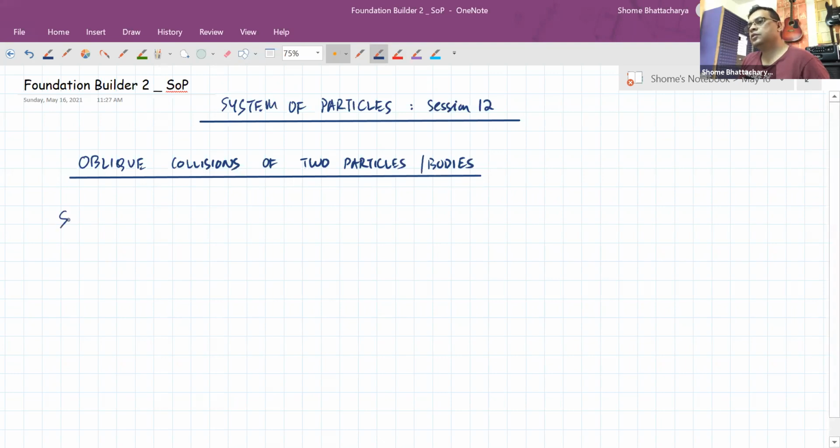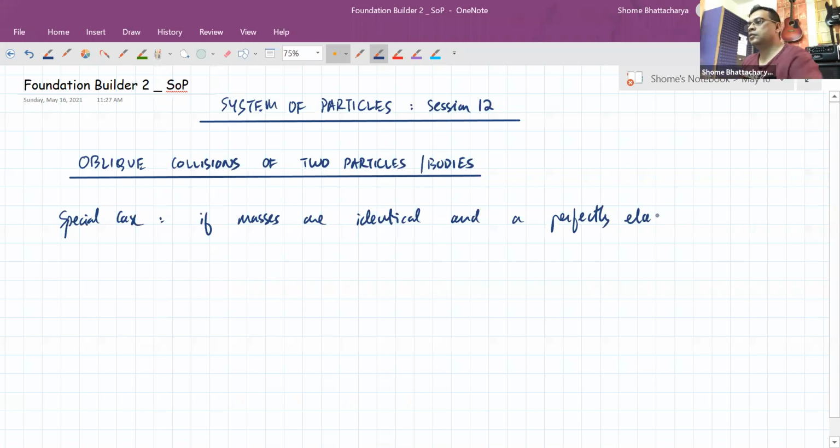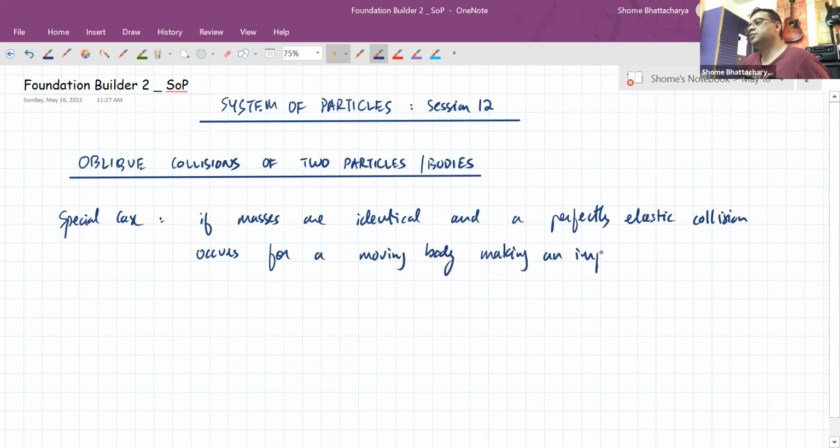The special case of this one: if the masses are identical, and a perfectly elastic collision occurs for a moving body making an impact on a stationary particle.